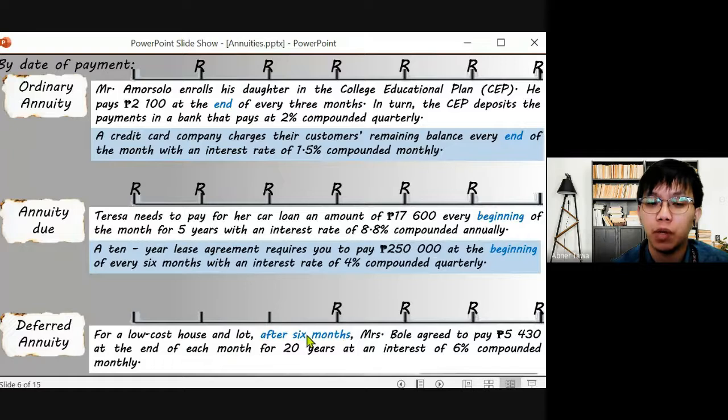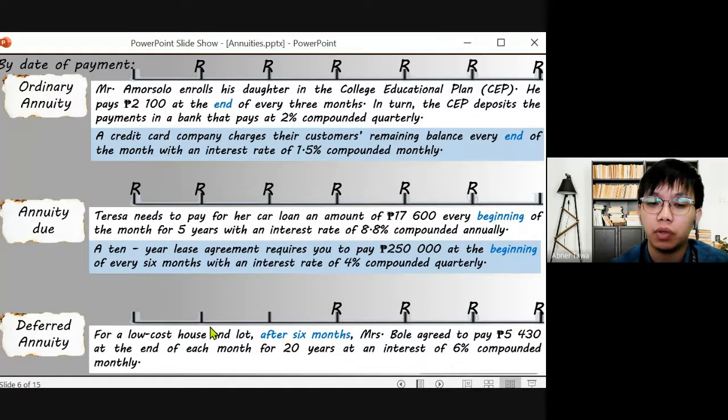However, her first payment will not be made in the first month. She will pay after 6 months. Therefore, it is delayed by 6 months. In the first 6 months, she does not pay. Therefore, it falls under deferred annuity.